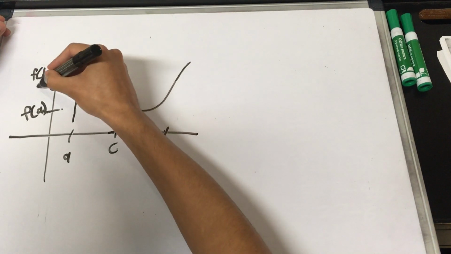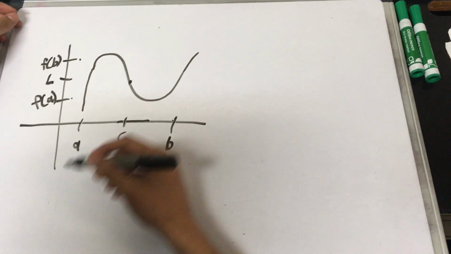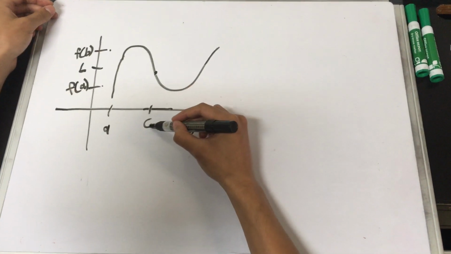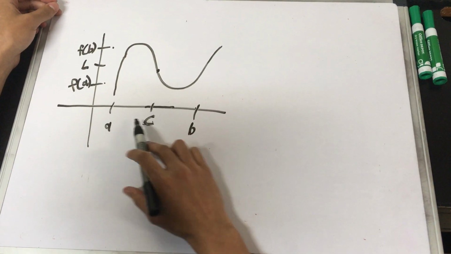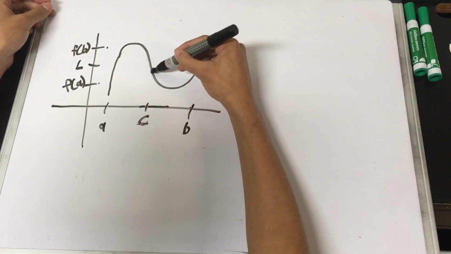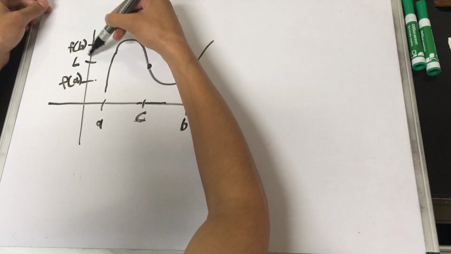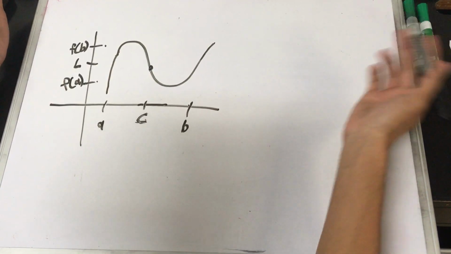We could name this L. So c represents that number, where this function equals some y value, L, between f of a and f of b. So that's basically the intermediate value theorem.